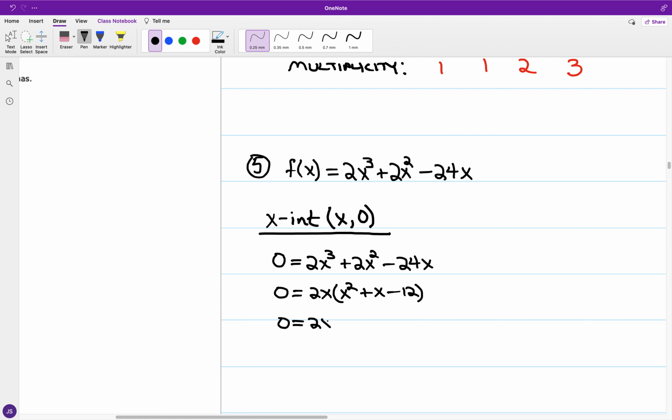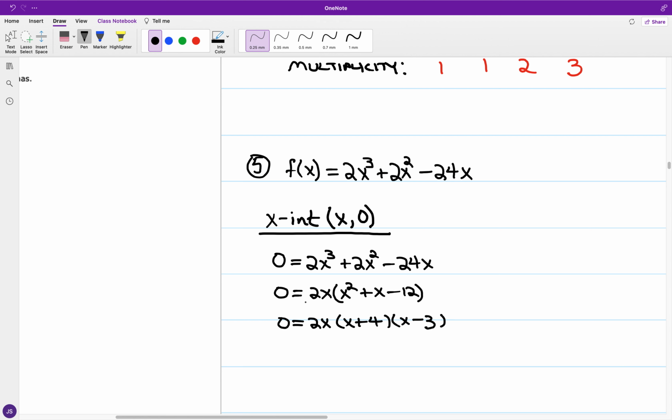Again, factoring further is optional. Either pathway we take, we're still going to have 3 distinct values for x. So with x squared plus x minus 12, it looks like what's going to be x plus 4 and x minus 3.